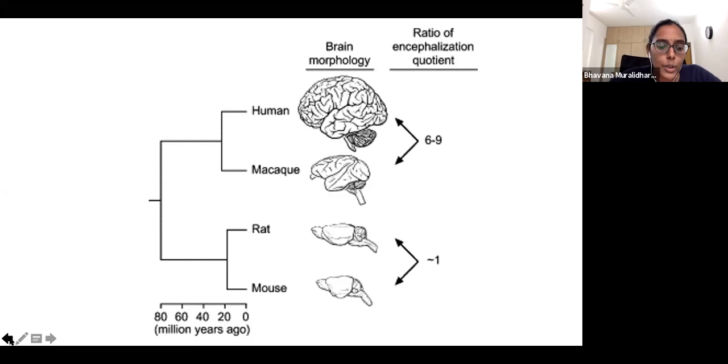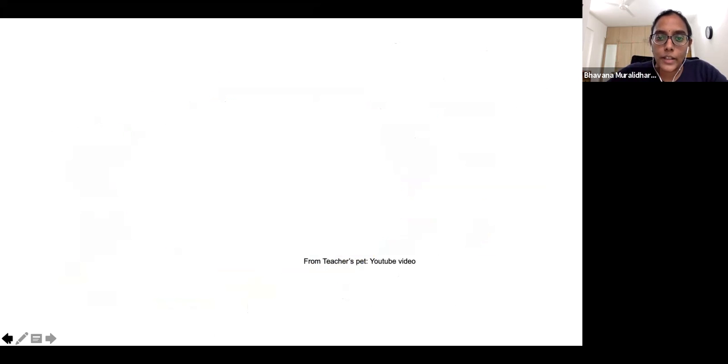So simply put, a necessary and a sufficient molecule is this. If a loss of function leads to a phenotype, then that molecule is necessary. And if a gain of function, that you overexpress, induces that particular region, then that is sufficient. So let me just go back here.